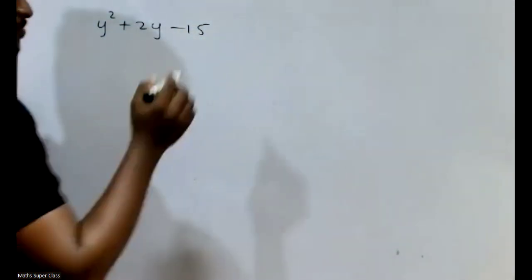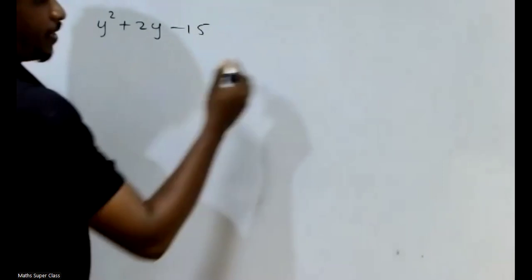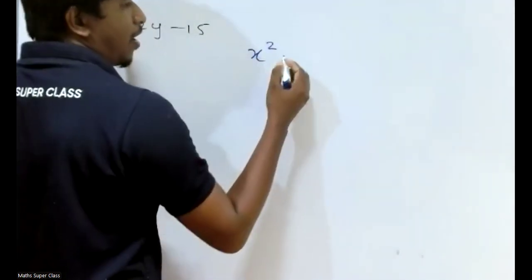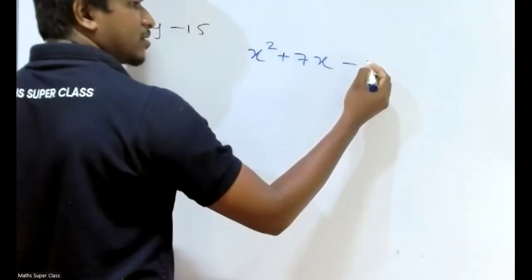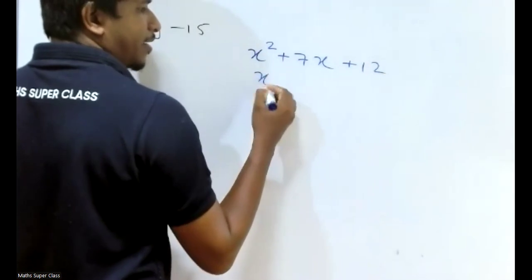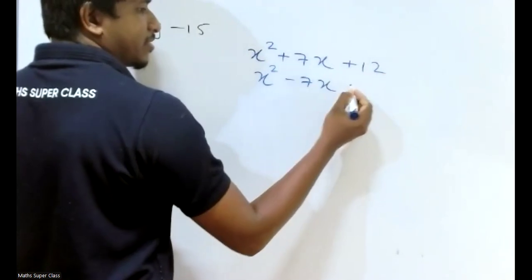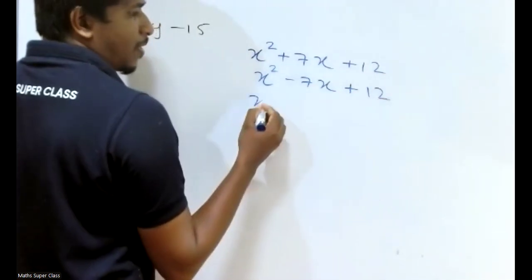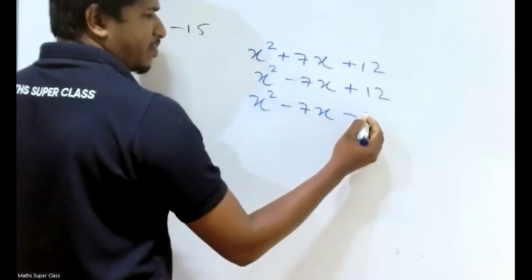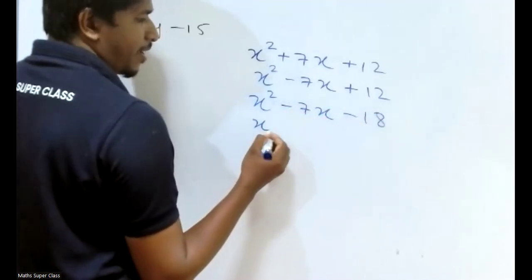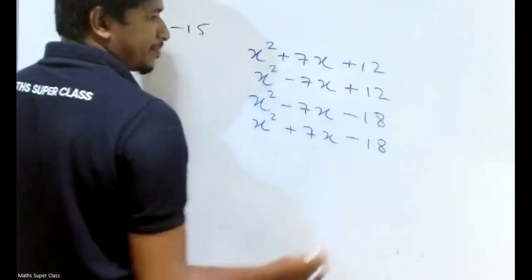But before that, I want to teach you some other parts. That means x squared plus 7x plus 2, x squared minus 7x plus 2, x squared minus 7x minus 3, x squared plus 7x minus 3.